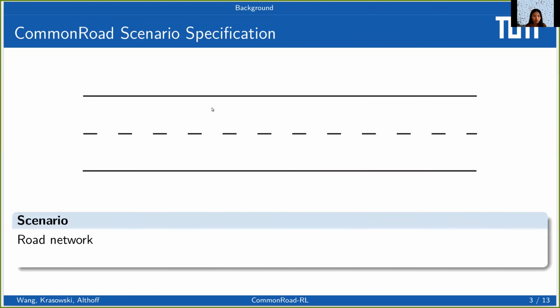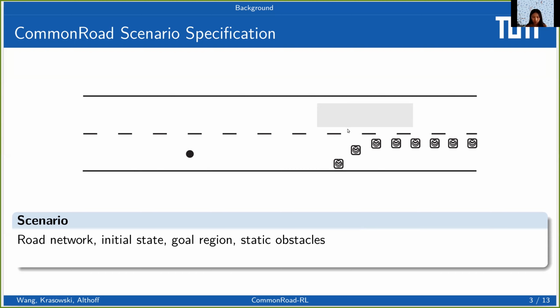So let's first have a look at how CommonRoad represents a traffic scenario. A scenario has a road network, which in CommonRoad is in lanelet format. The left and right boundaries of the lanes are polylines. We define an initial state and a goal region, which the planned trajectory should start from and reach in the end.